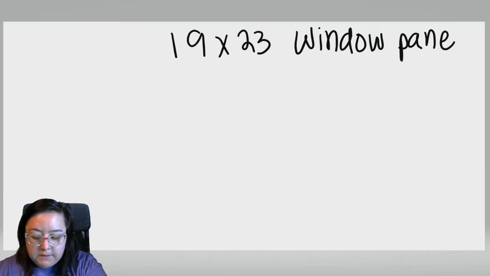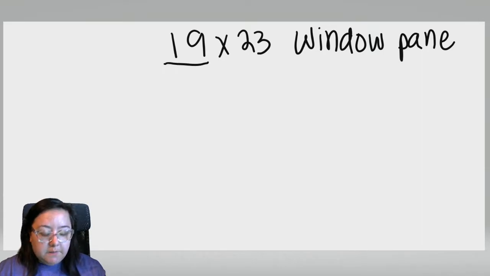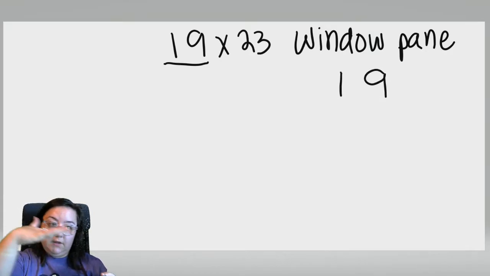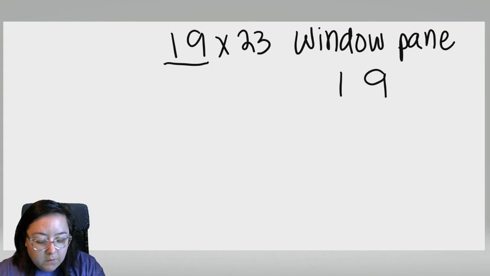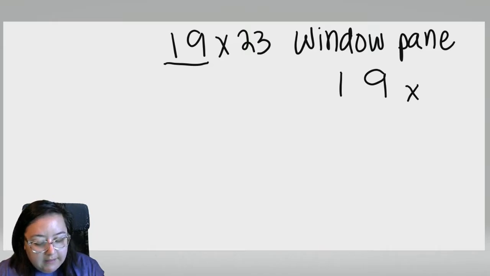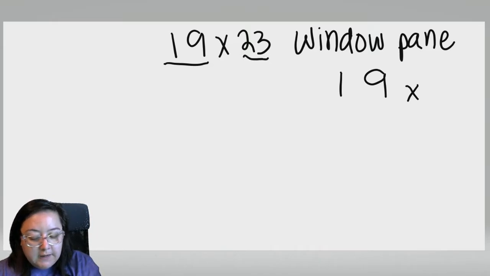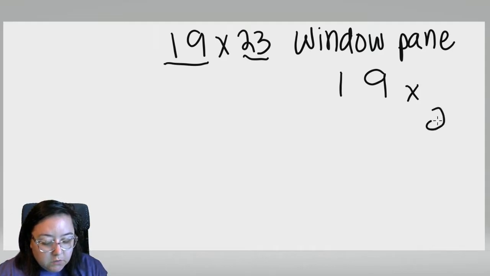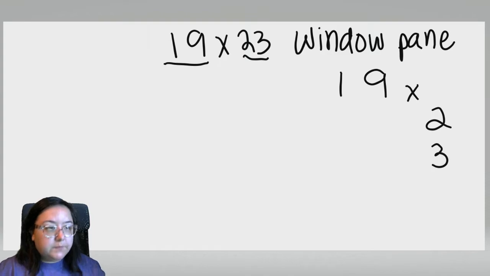So again, I'm going to take the first number, and that is going to be what's on top. I am going to write times right here, and then I'm going to take this 23 and write it vertically. So it's going to be 2 on top of 3.